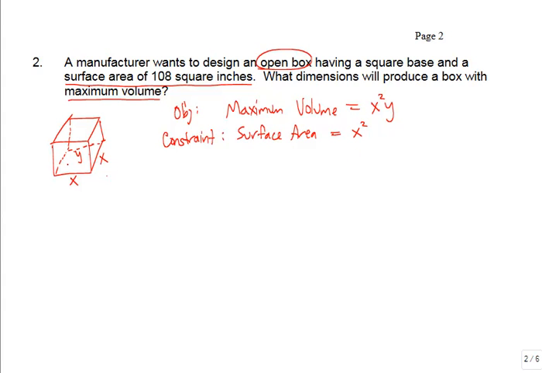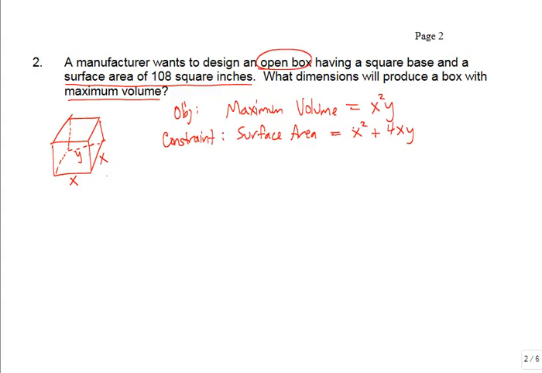Now what about these side faces going around? Well, each one of those is a rectangle that's x on one side and y going up. So their areas would be x times y, and there's 4 of them for all 4 faces. So the sides are going to be 4xy.